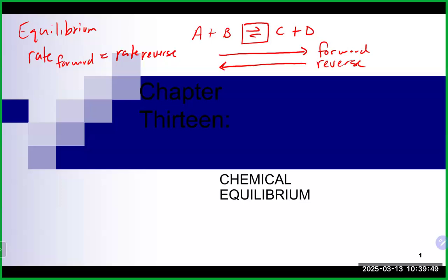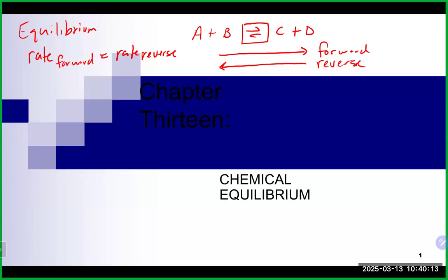Whatever that concentration may be, they basically get locked into place. Also, it may lock in their pressures if you're dealing with pressures rather than concentrations. It will lock everybody's pressures into place because just as quick as it goes to the product side and loses something, it will come right back at the same rate. So it's a net no change that's going to occur. Everybody gets locked into place in terms of where they're at.